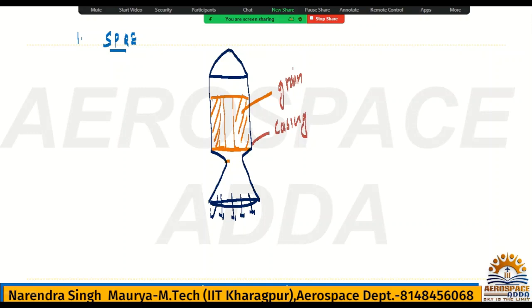And here this is called liner. Somewhere here this is the igniter, which will ignite the propellant.